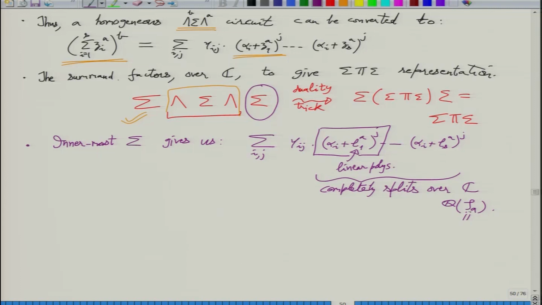So zeta A is just a primitive eighth root of unity, which almost always will be a complex number, but these are enough.